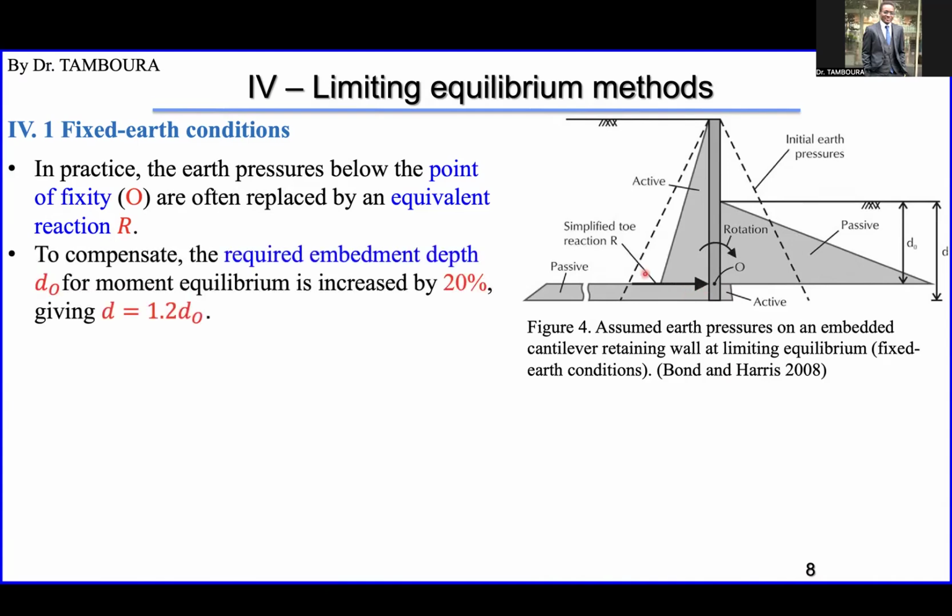To compensate, the required embedment depth D0, for example this one, is from the bottom of the excavation to this point of rotation.